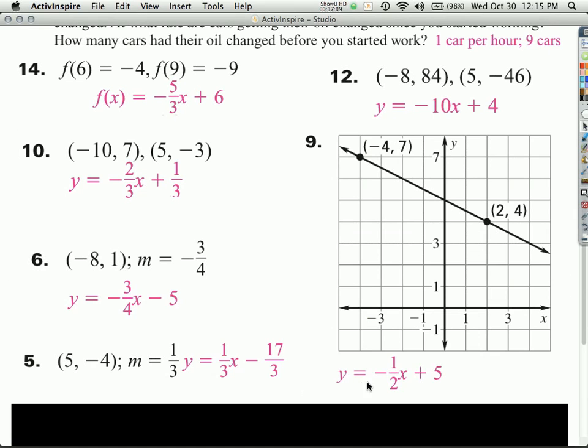It was y equals negative 1/2 x plus 5. And number 6, y equals negative 3/4 x minus 5. And number 5, y equals 1/3 x minus 17/3. If you wrote that as a mixed number, that would be 5 and 2/3. Yes?